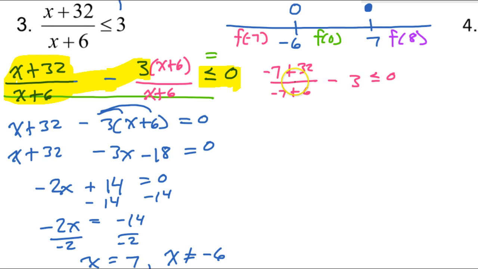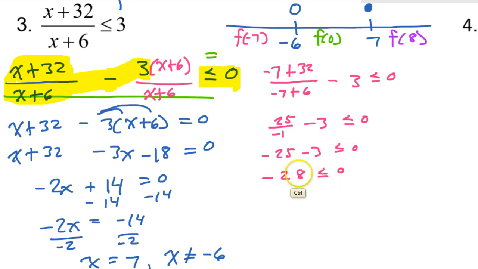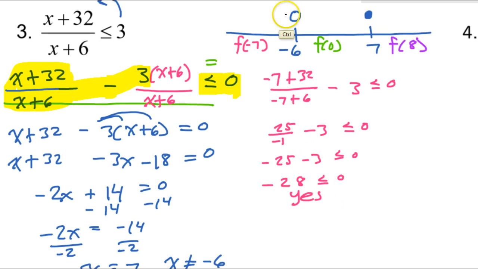So this is going to be 25 over negative 1 minus 3. So that's going to be negative 25 minus 3, which is going to be negative 28. So obviously, yes, that is less than or equal to 0, which means that I will have solutions in this first interval.